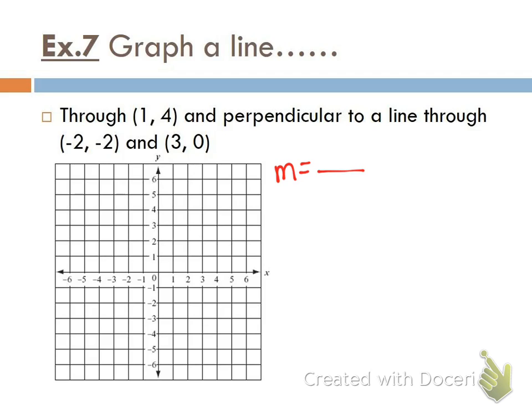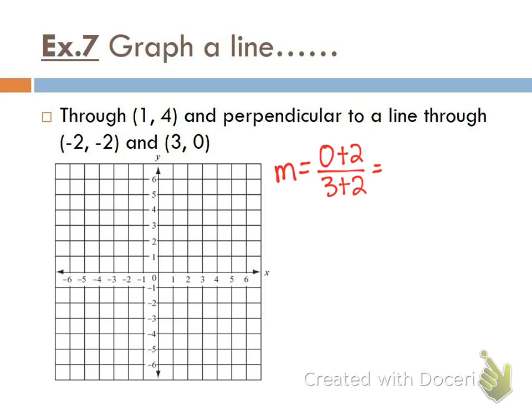So to find the slope of the line through those 2 points on the end, what's going in my numerator? Okay, we could do 0 minus -2 or 0 plus 2 over what? 3 plus 2. If you want to do it the other way, where you take -2 minus 0 and -2 minus 3, that's fine. You should get the same slope in the end.